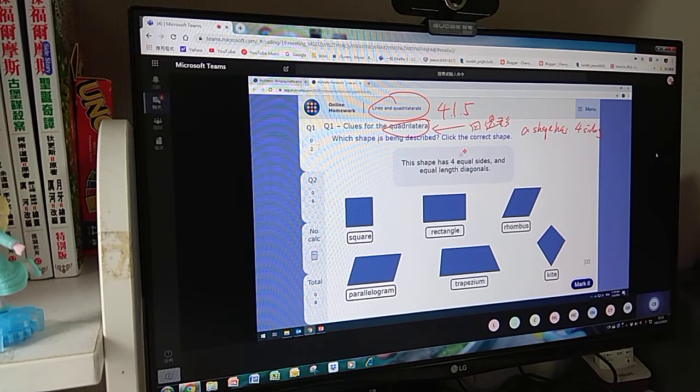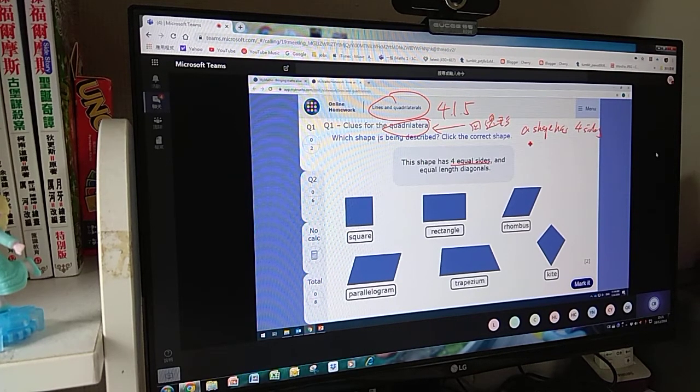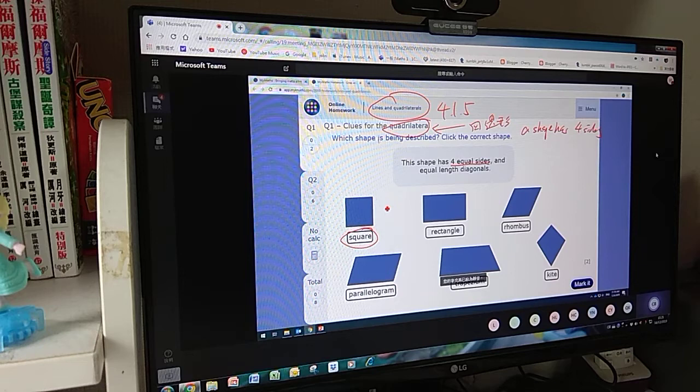So here you can see there is a description. The quadrilateral has 4 equal sides and equal length diagonals. Then the quadrilateral should be a square because the square has 4 equal sides. Okay, understand? So it's very simple.